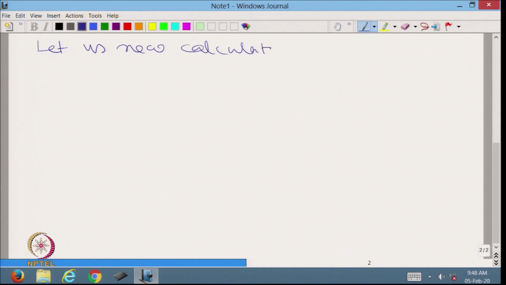So, let us now calculate the marginal densities of x and y.